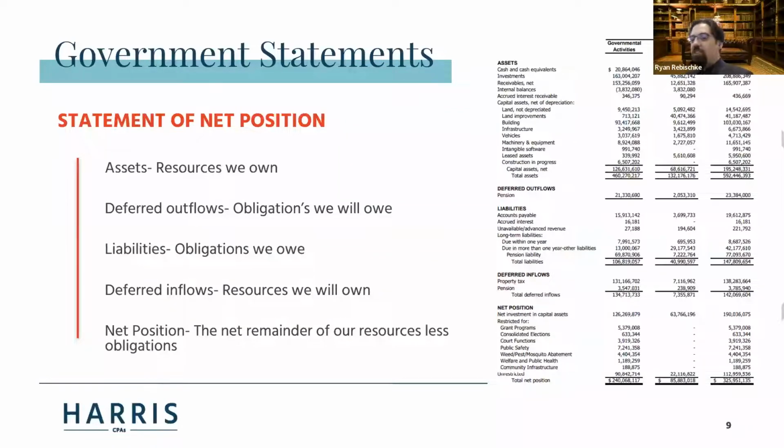This number is useful to see how leveraged, how much debt does a government entity have. If their debt is very high and their net position is not, that can be a problem. It can be fine. It kind of depends on why, and the circumstances of the world. But that gives you an idea of where that entity is really sitting.